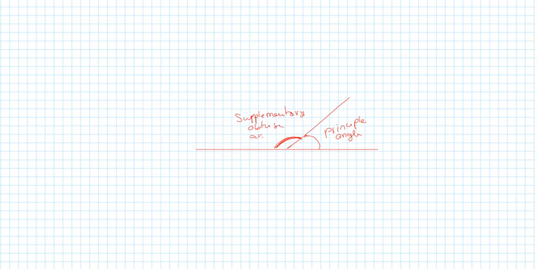If your principal angle is acute, then the supplementary angle is obtuse.